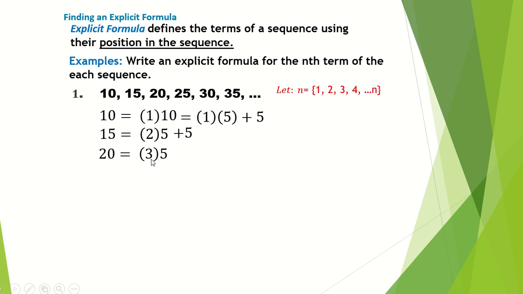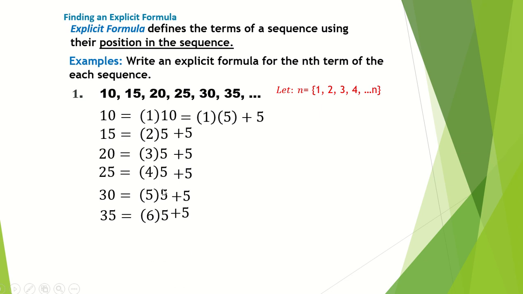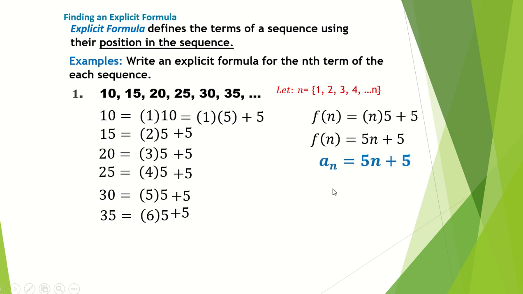So 20 is equal to 3 times 5 is 15 plus 5, correct? Observe that it follows the same pattern. It holds for all the given terms. Therefore, we can conclude that your functional relation is f of n is equal to n times 5 plus 5. f of n is equal to 5n plus 5. And your explicit formula then is a sub n is equal to 5n plus 5.